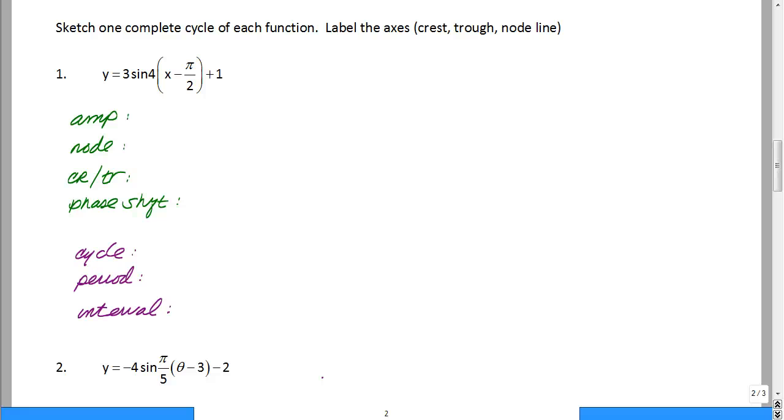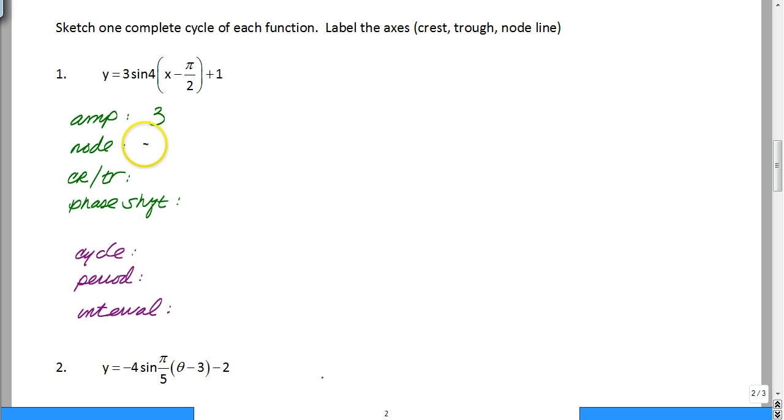So first thing you got to remember is your amplitude. Your amplitude is the number in front of sine. So the amplitude is 3. That means this graph is going to go up and down 3 in regards to the node line. Now your node is how far above or below your axis that you're going to start.